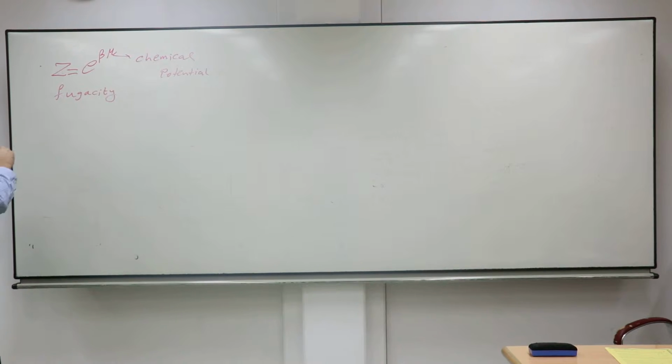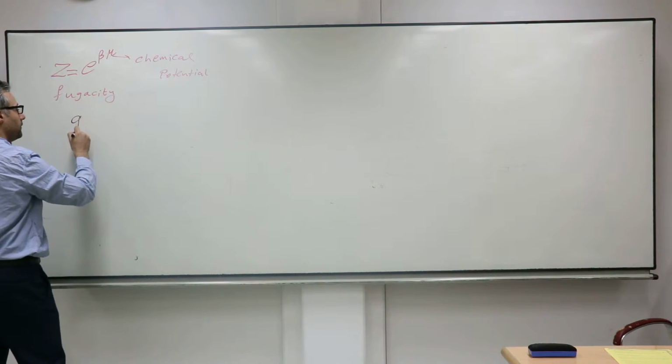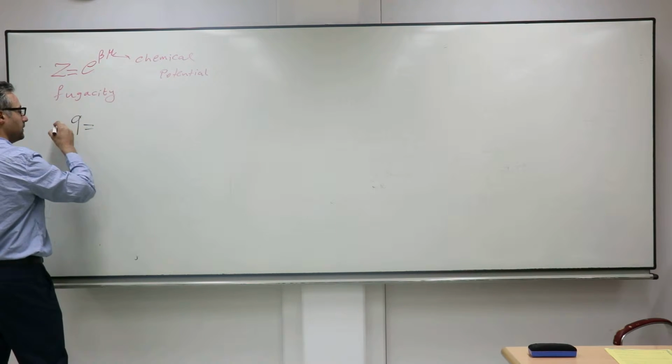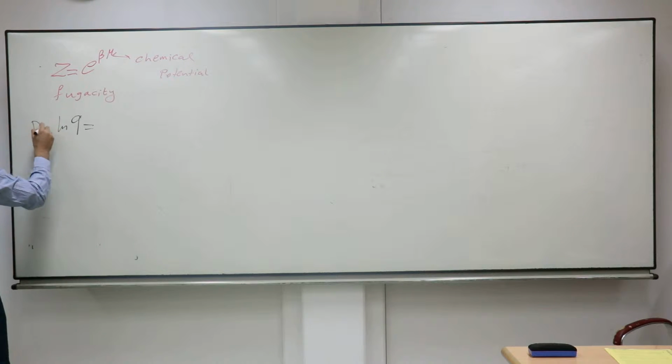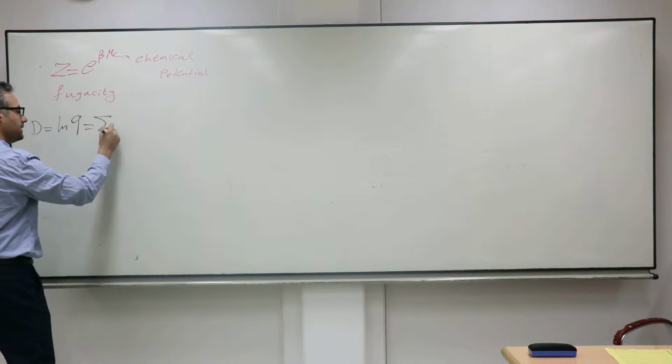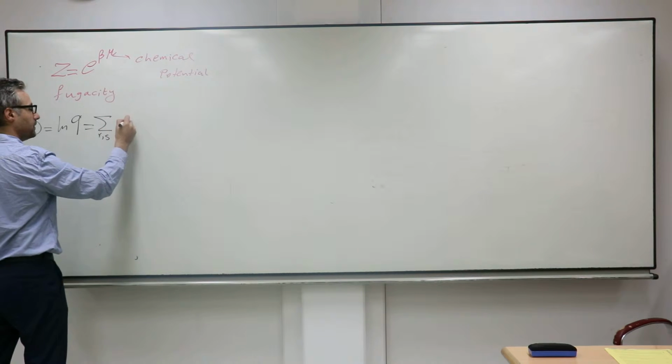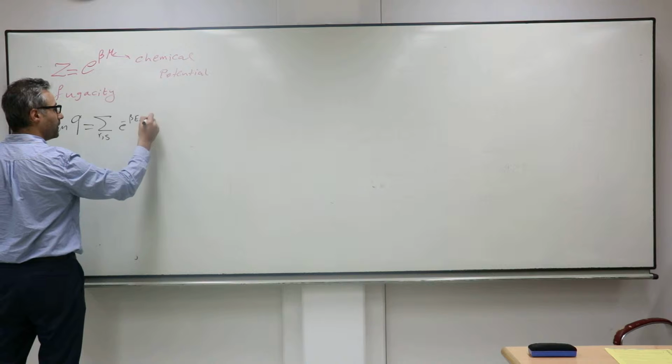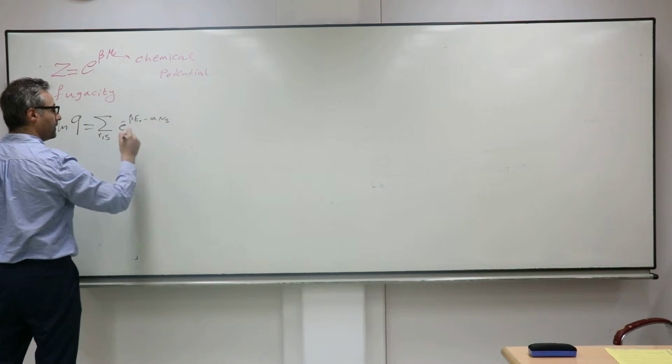We find that the key function here is the grand canonical partition function, which is a logarithm of the lowercase q, and this is a sigma of e to the minus beta E_r minus alpha N_s.